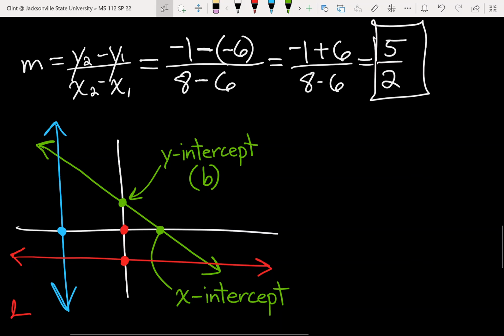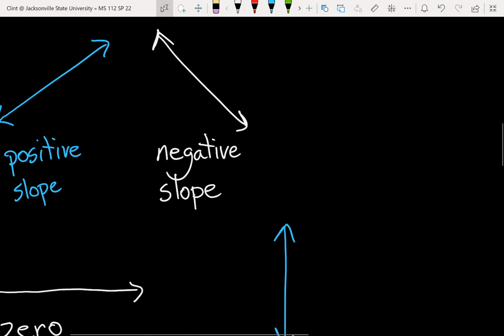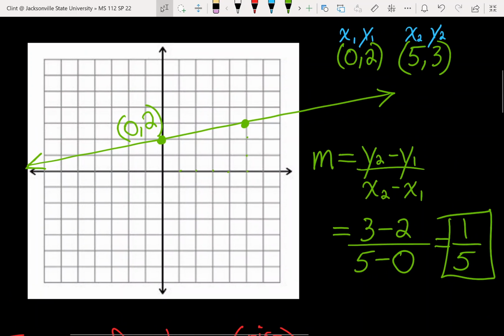So let's go back to our line we found the slope for. Here it is. What's the y-intercept on that one? Where does it cross the y-axis? At 2, yeah. So you could say the point 0, 2, or the y-intercept's 2. So that's like our b.